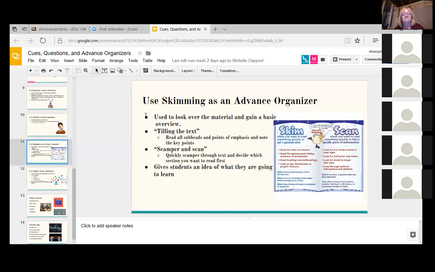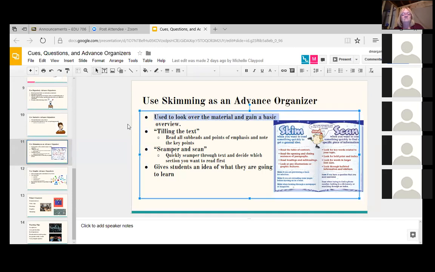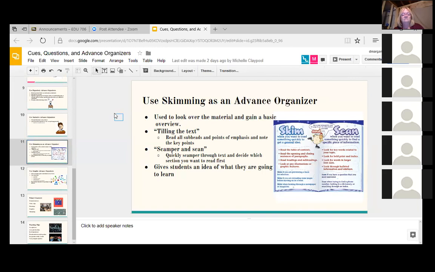Skimming is also an advanced organizer. It is used to overlook the material. Pretty basic guide. There's 2 kinds. Tilling the text, which is where you go through and you read all the subheads and the points and the bold print, stuff that's important, that draws your eye.